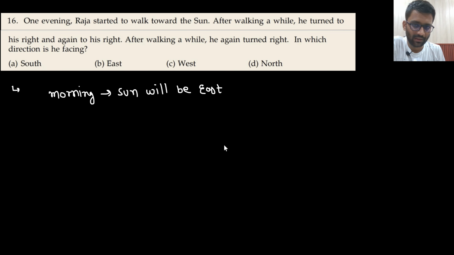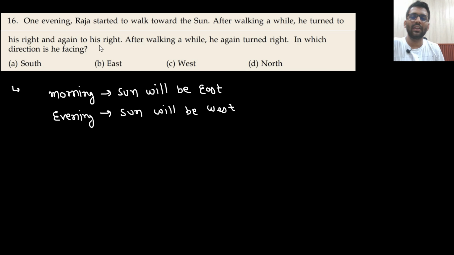Sun will be in east. And in the evening, sun will be in west. Okay. So one evening, Raju started to walk towards the sun. That means he is walking in the west direction. Where is west? This is west.